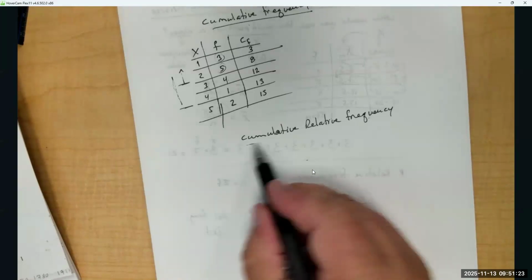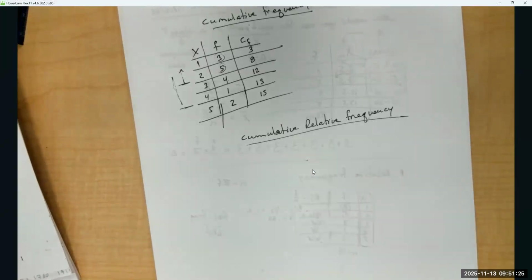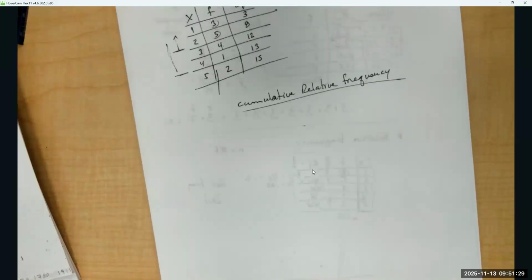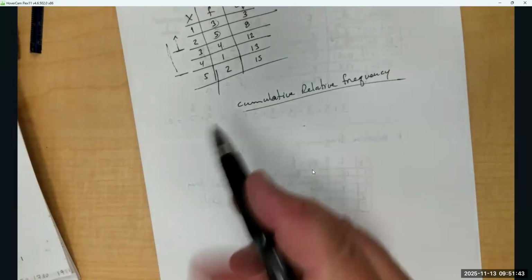How about a cumulative relative frequency? How would you find that column? How do you mean?